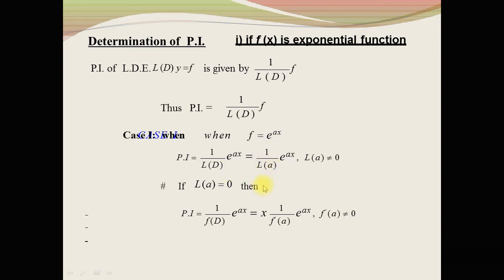Then for the particular integral, take the derivative of this differential operator, L'(D), replace D by a, and we obtain 1 over L'(a), and you put x here. After taking the derivative of the differential operator, replace D by a, but if again L'(a) is equal to 0, this is the condition, then L'(a) must not equal 0 for this case.